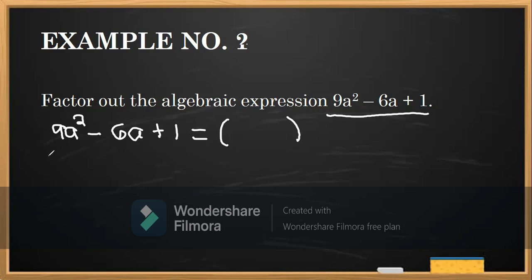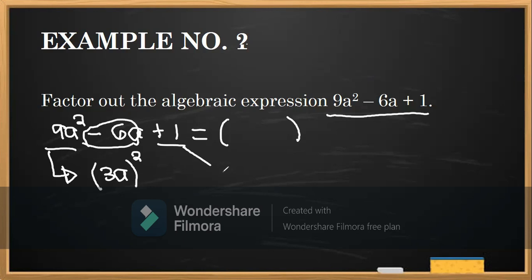So what do you think are the factors of 9a squared for it to become a perfect square? That's 3a and 3a. How about 1? But take note that your middle term is negative 6a.